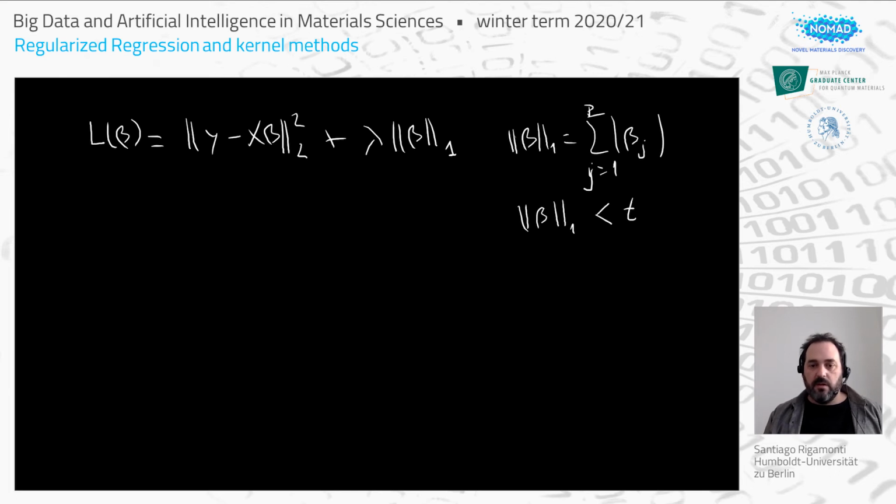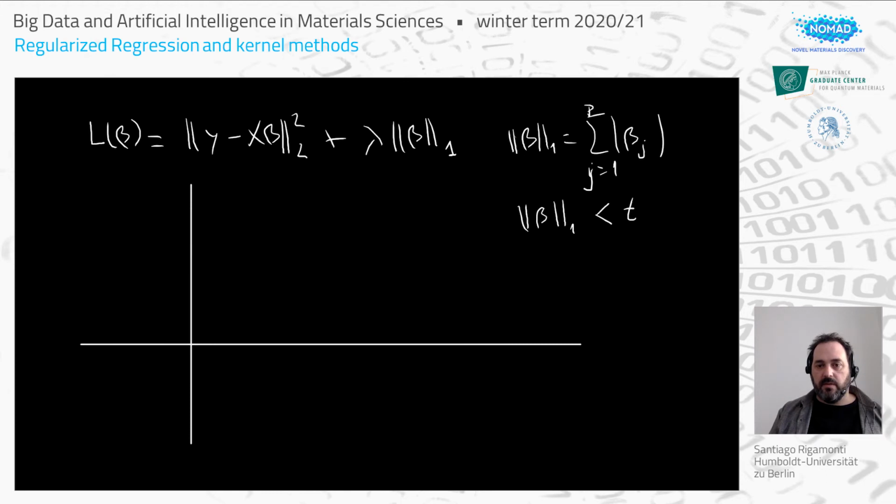So let's see how it looks. Let me plot here: this is beta 1, this is beta 2, and now the constraint will look like a diamond.